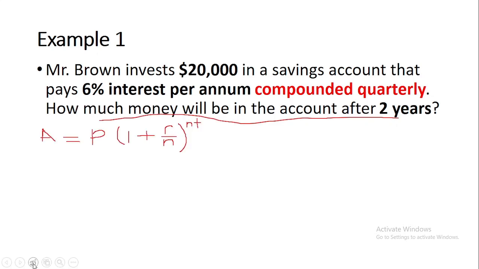So we write by substituting all our values that are known. My P is going to be 20,000, my R is going to be 6%, my N is going to be right here. Quarterly means 1/4, so 4 times.